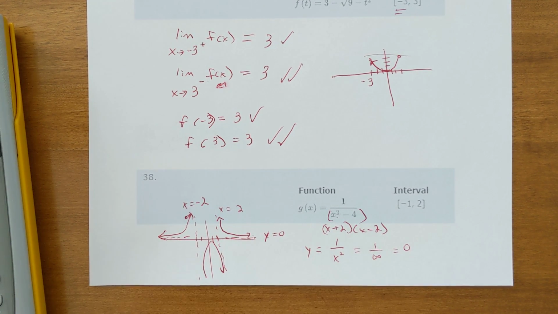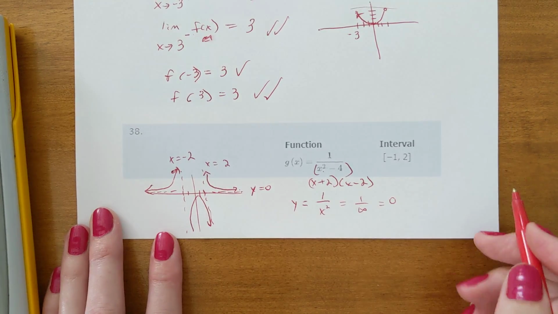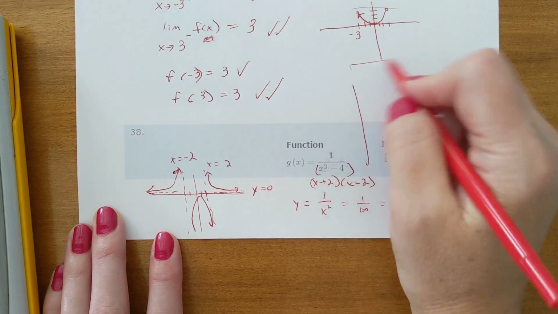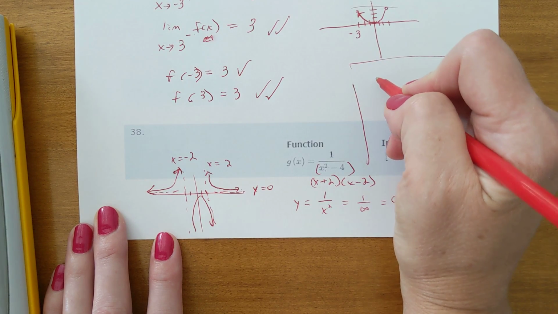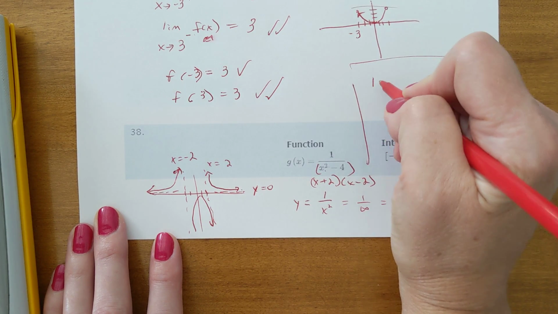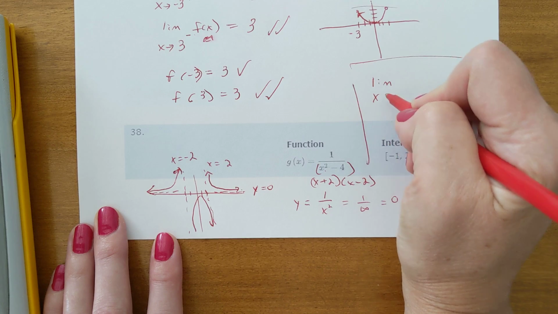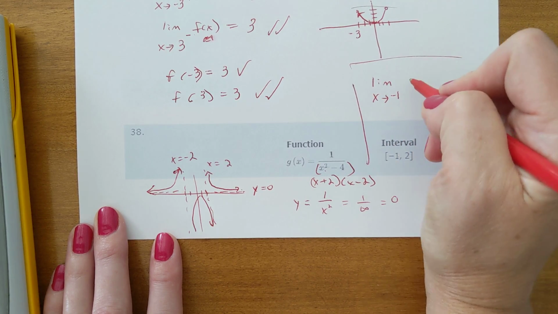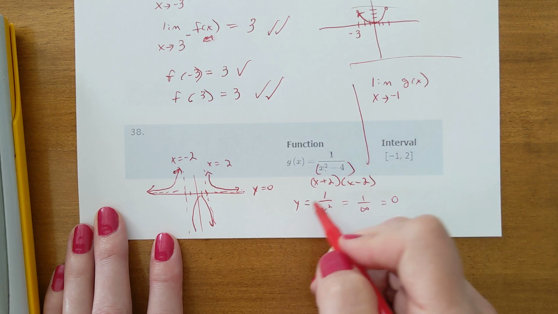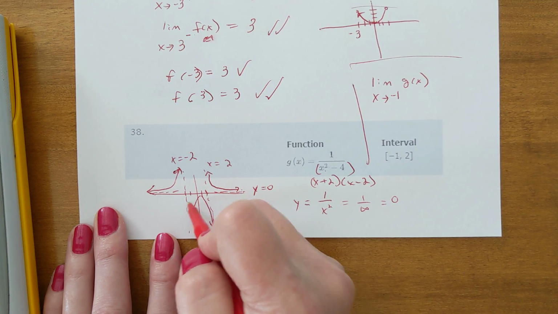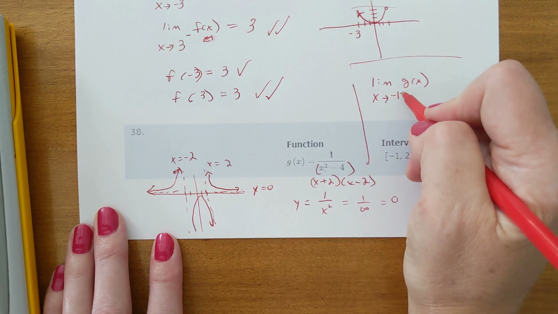Just a brief, quick sketch of it. All right, so looking at that interval then. If we do the limit as x goes to negative 1 of g of x, we want to go to it from the right.